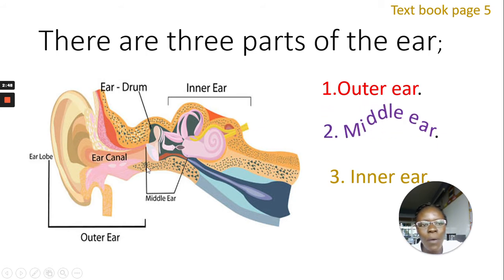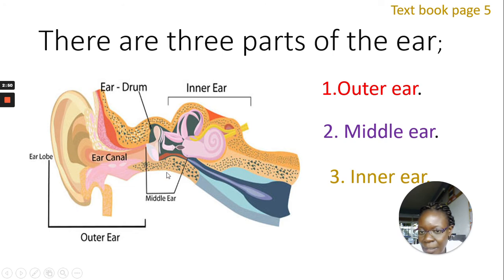Then we have our middle ear. This is the middle ear. In our middle ear, we have the eardrum, okay. Then we have our inner ear, this one here. We have the cochlea, okay. This one sends the sound to our brain, okay.